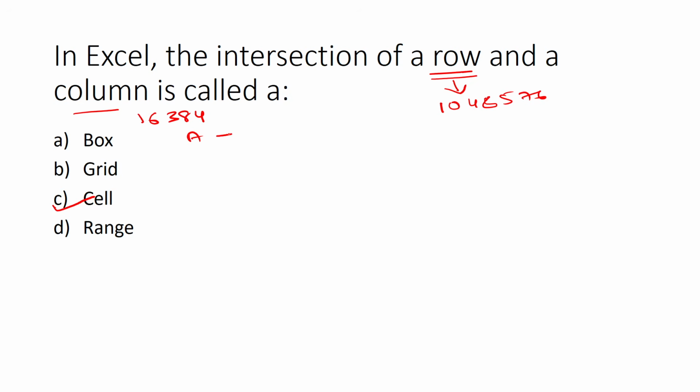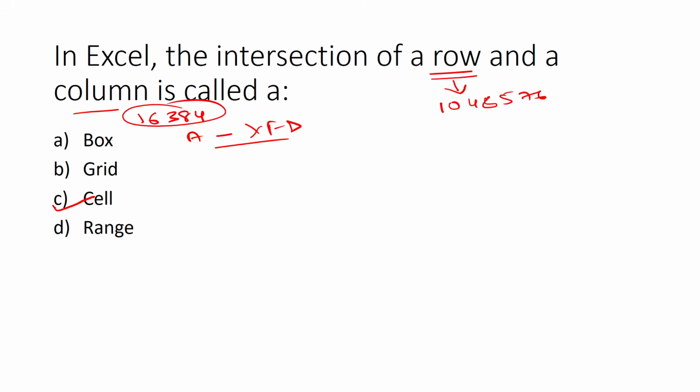It starts from A, B, C, D, like that till Z, and after that AA, AB, AC, like that till ZZ. After that it will start with AAA, AAB, AAC, like that till XFD. If you use permutation and combination, you will be able to find out this many columns.